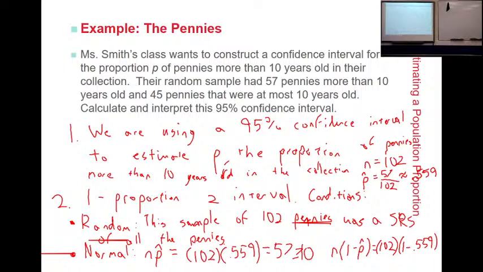That's going to be 45, the 45 that were not greater than 10 years old. That's at least 10. So since both of these are at least 10, therefore, we can use an approximately normal distribution.